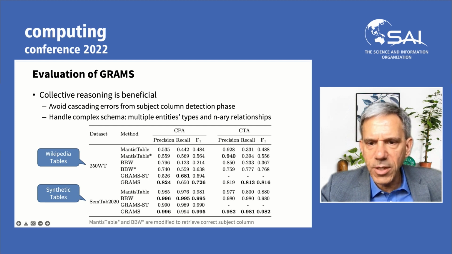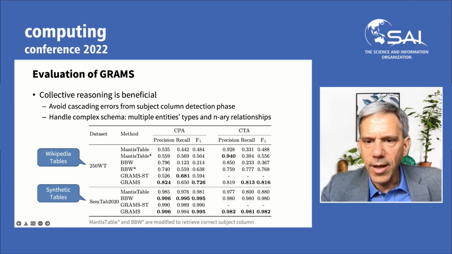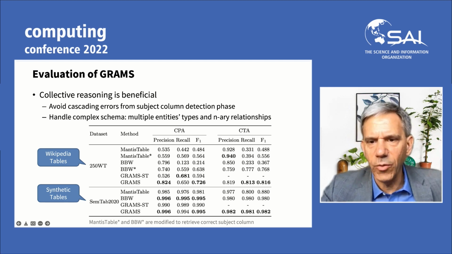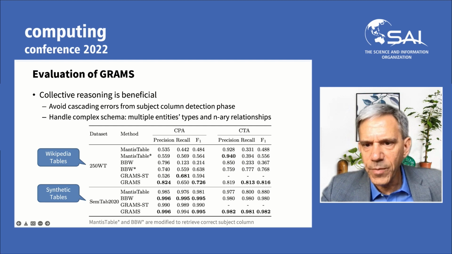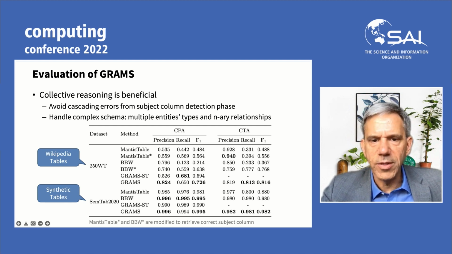The only exception is that BBW gets similar performance on one of the tasks on the synthetic tables, but it gets outperformed on the CTA task. And Mantis Table has higher precision on the CTA task than Grams got, but its recall is very low. It's easy to get high precision if you have very low recall. So 0.394 is 39%, whereas Grams has 81%. Overall, Grams has the best performance on these tasks.